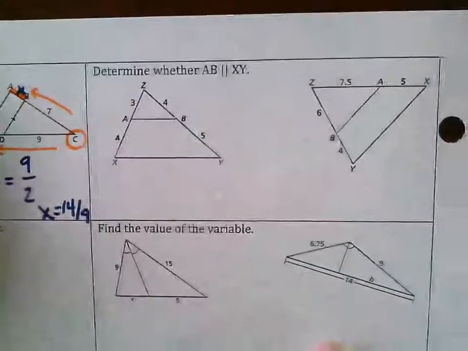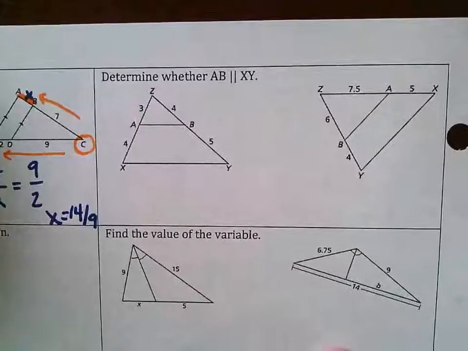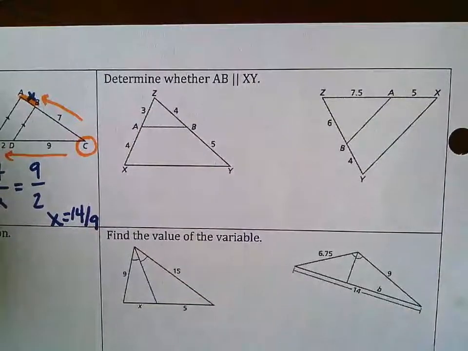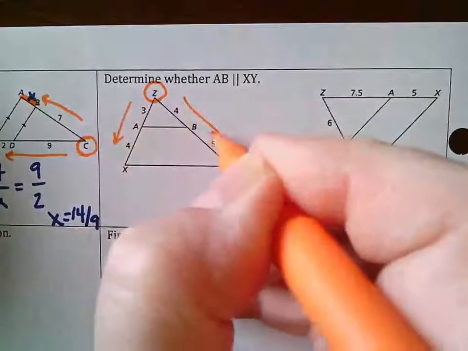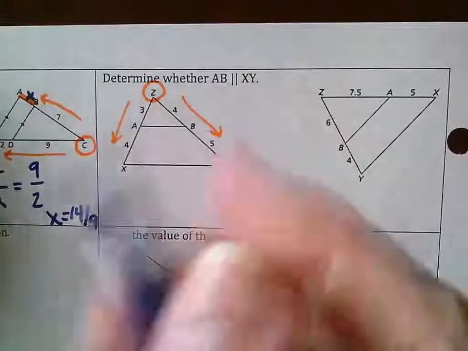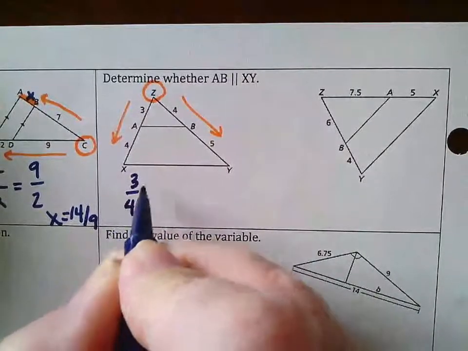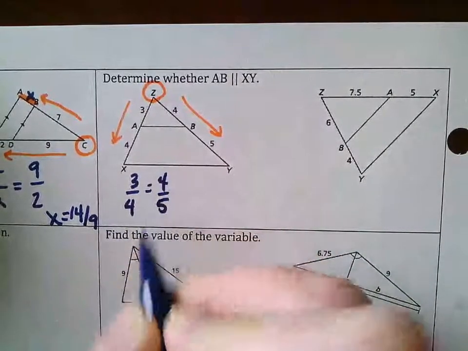if I'm doing the converse of that, I want to see if something's proportional. I'm just going to set up a proportion. So common point, 3 over 4 is equal to 4 over 5.